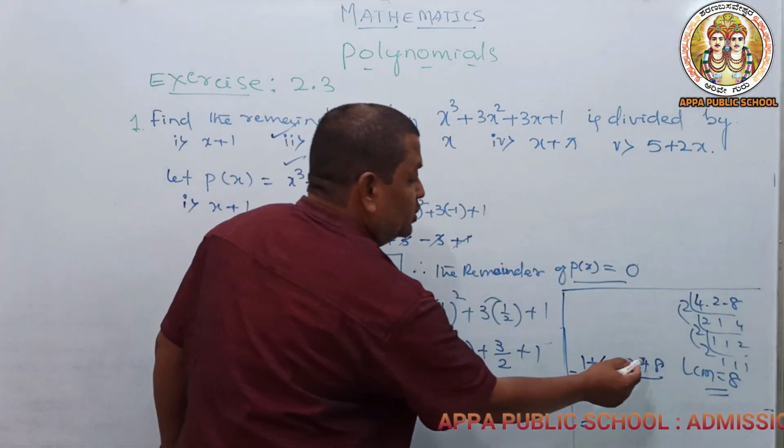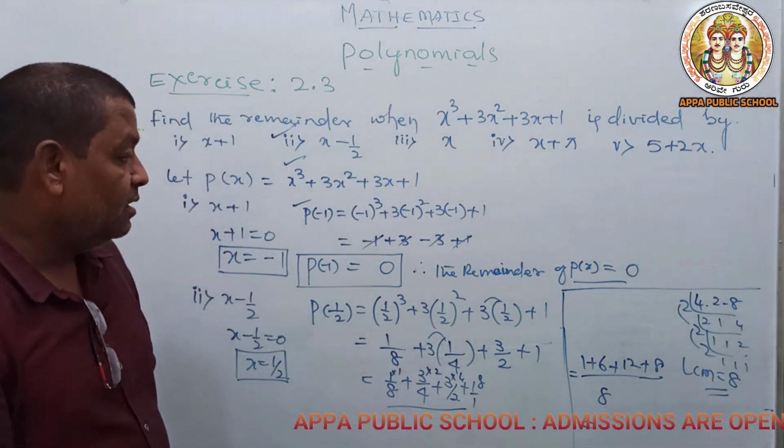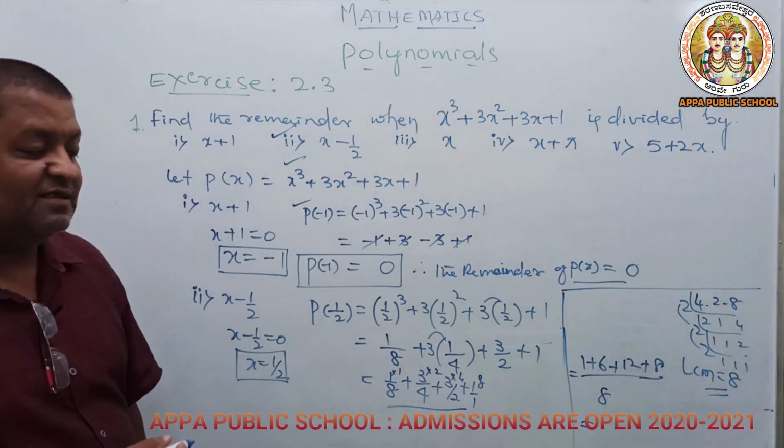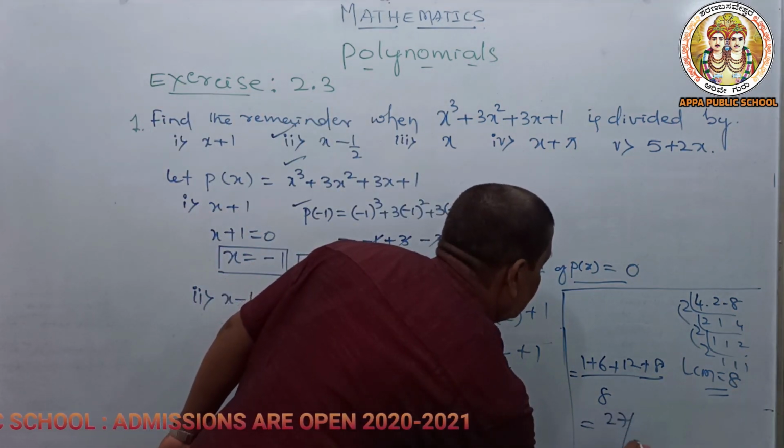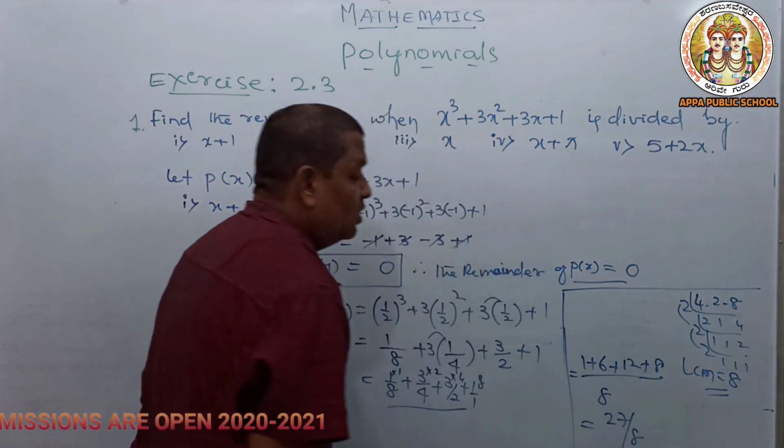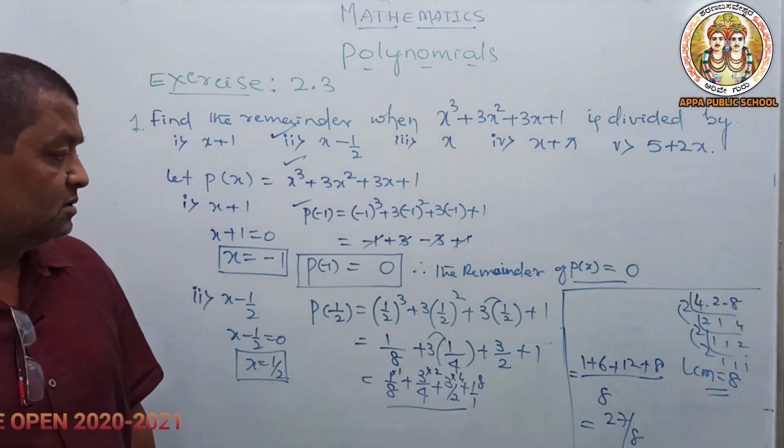Now add it: 12 plus 8 is 20, 20 plus 6 is 26, 26 plus 1 is 27 by 8. So this is our remainder.